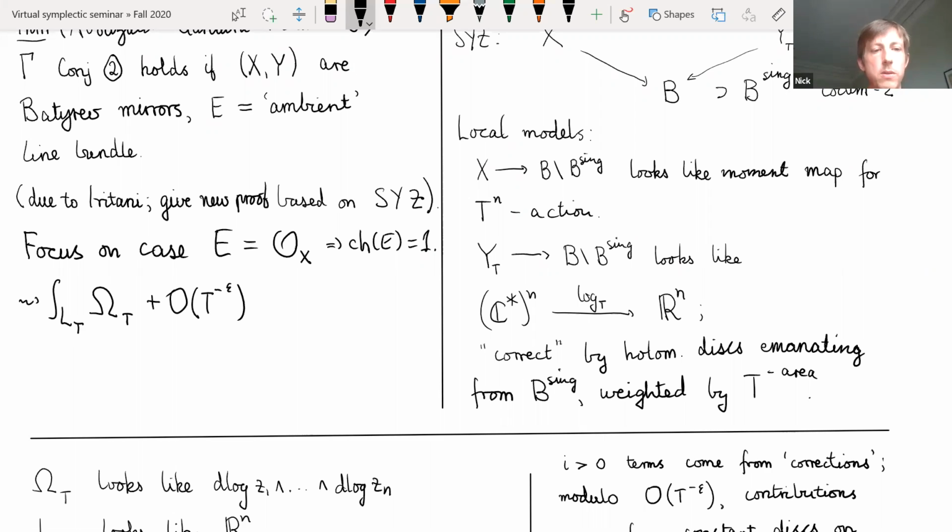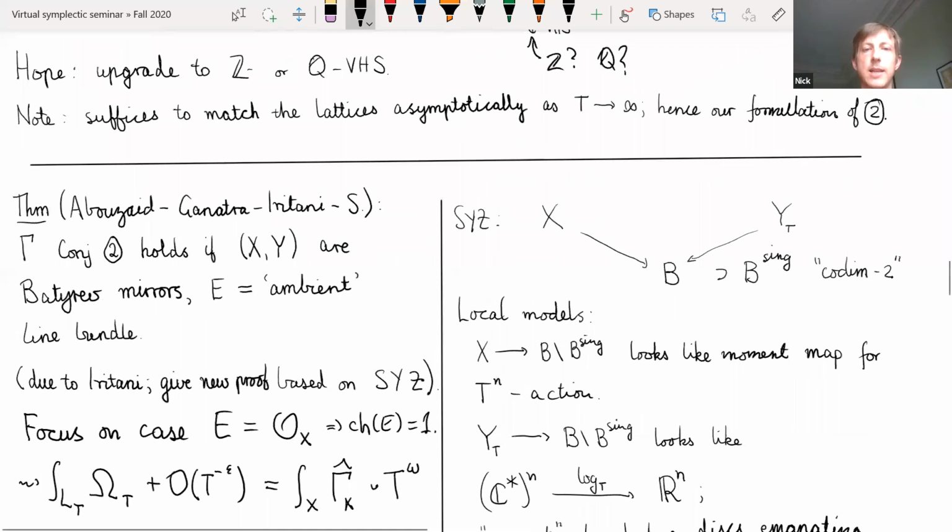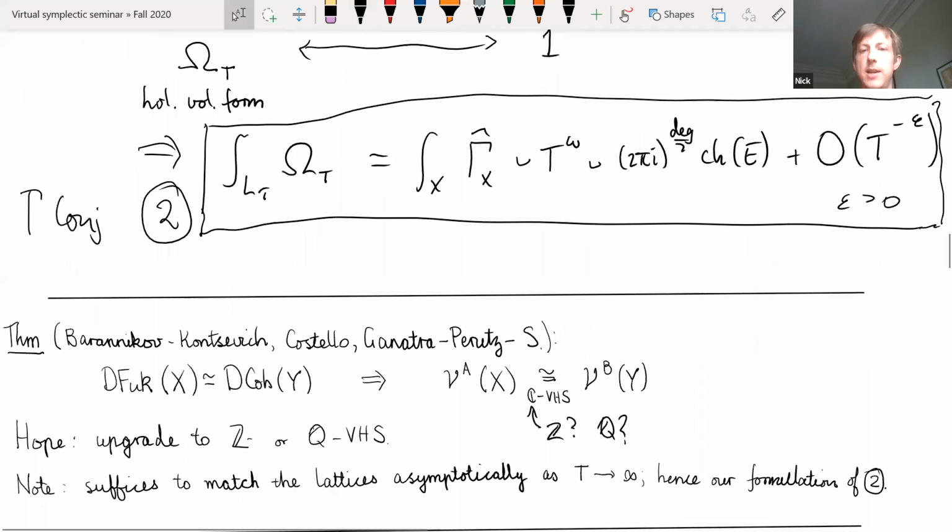Modulo negative powers of t, this period integral is equal to the integral over x of this gamma hat class cupped with t to the omega. That's just what happens if the Chern character here is just equal to the identity.